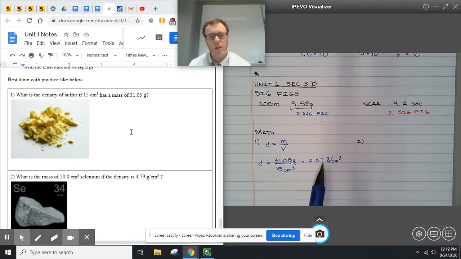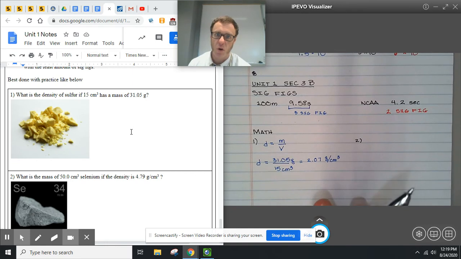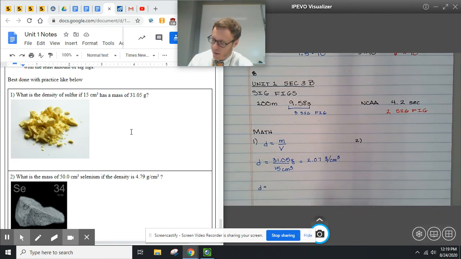But can we proclaim this to be the density with this information? The answer is no, because this top number has 1, 2, 3, 4 significant figures. The bottom number, the volume, only has 2 significant figures. Therefore, our answer can only have 2 sig figs. So we have to figure out where we're going to round to.